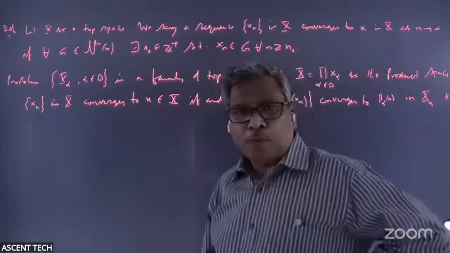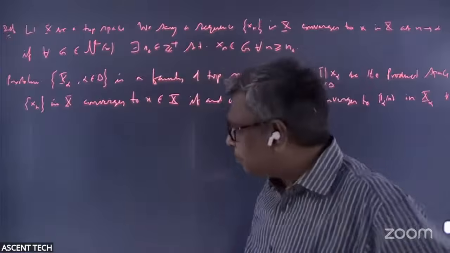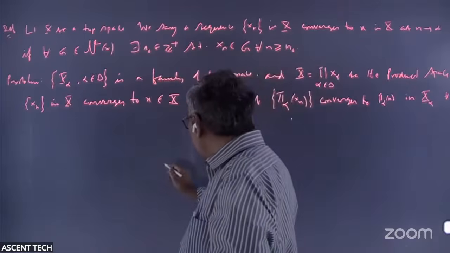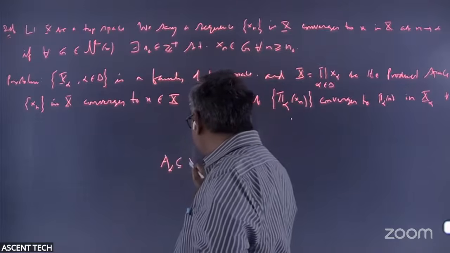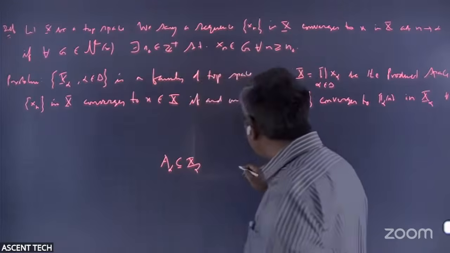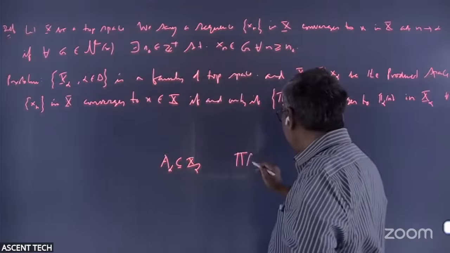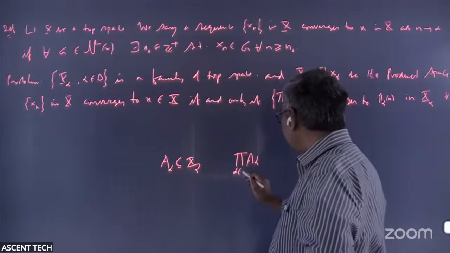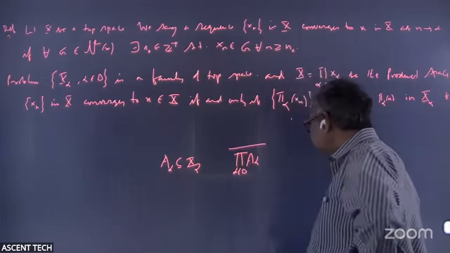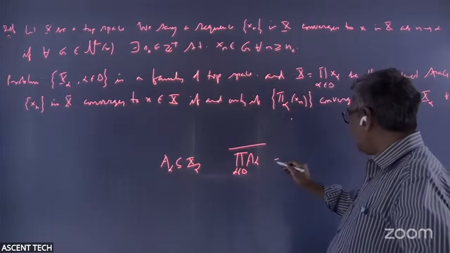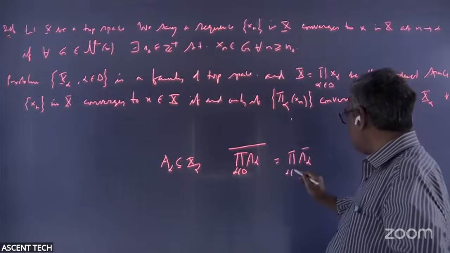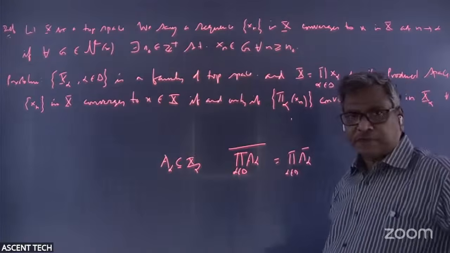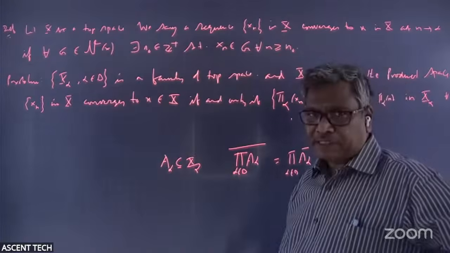Munkres also has some examples. If you have subsets C alpha in X alpha, then the closure of the product of the A alpha, alpha in delta, is the product of the closures of A alpha, alpha in delta. A couple of such results will come, and you can look at some exercises in Munkres.